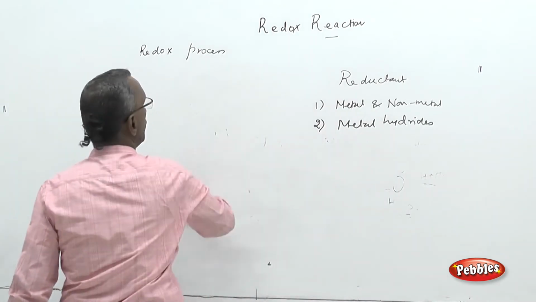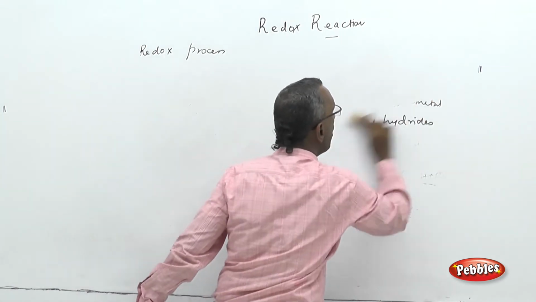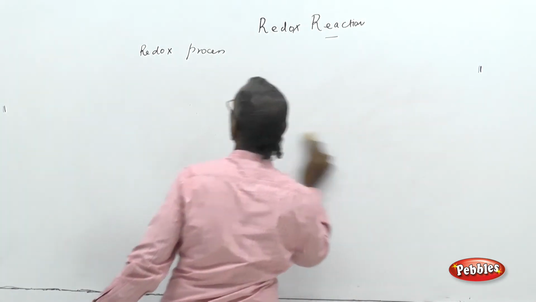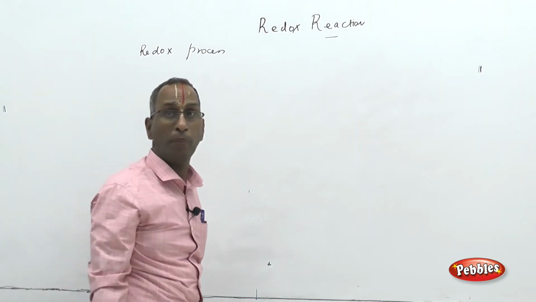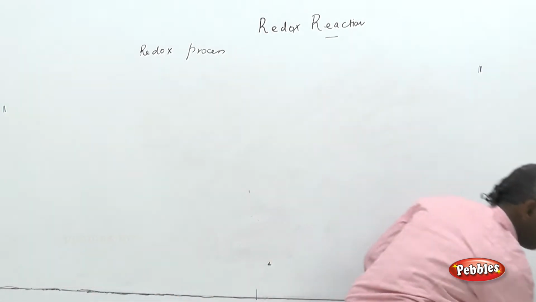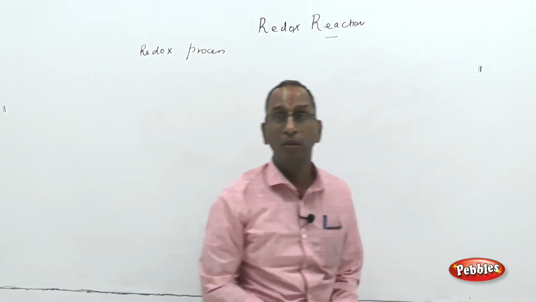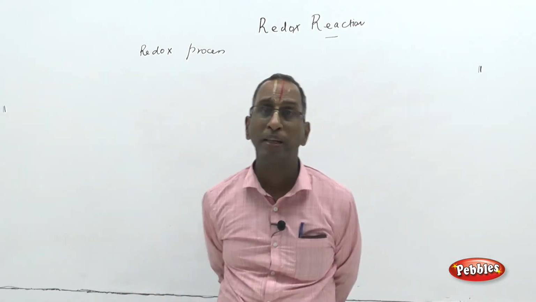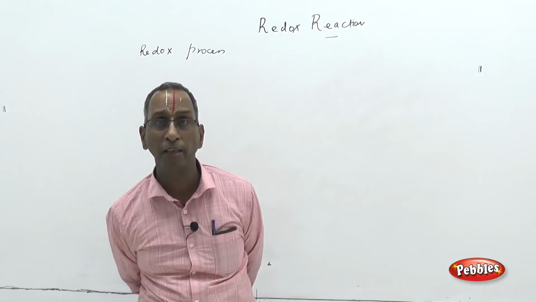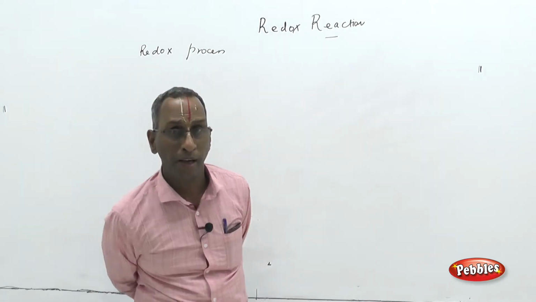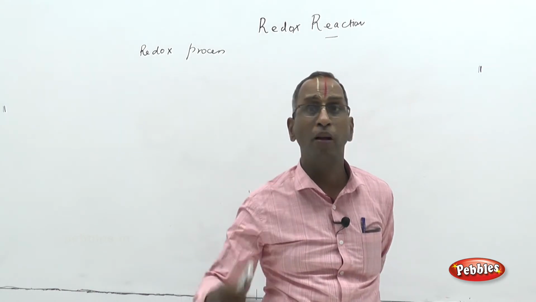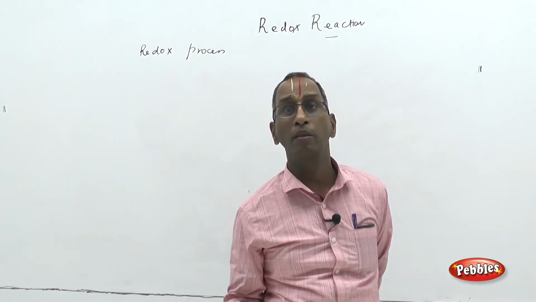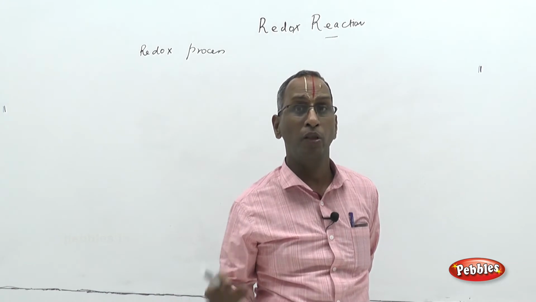So far we have seen what is meant by oxidation and reduction, what the collective process is called, a redox process, and what is meant by oxidants and reductants with examples. We have seen which type of materials can serve as oxidant and reductant, that elements with higher oxidation state or lower oxidation state can be used as oxidant or reductant.